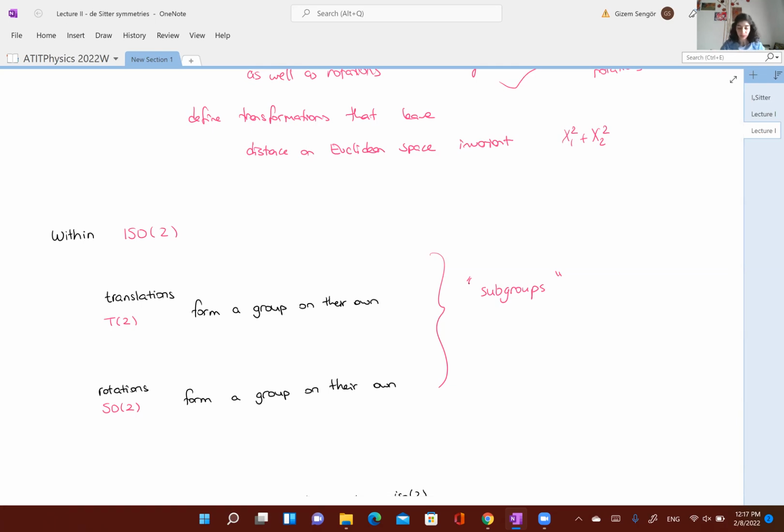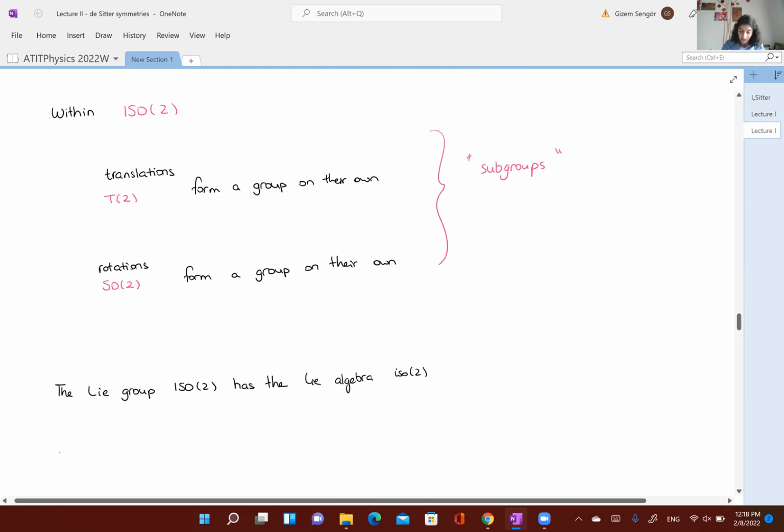And so you can also say the technical term for this is this group ISO2 is the direct product of translations and rotations. Now, this being a Lie group also has a Lie algebra, and usually the algebra is denoted by lowercase lettered version of however the group was denoted.